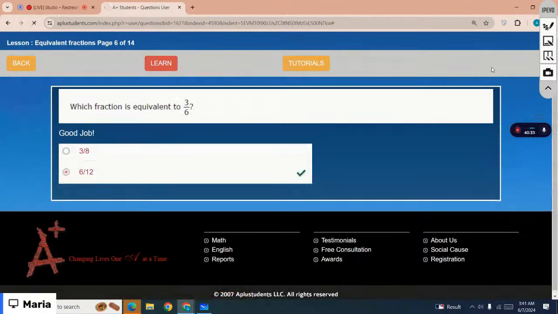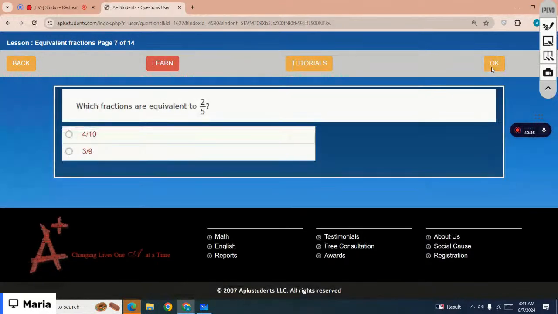Which fraction is equivalent to 3 by 6? Which is the correct option? The correct option is 4 out of 10.